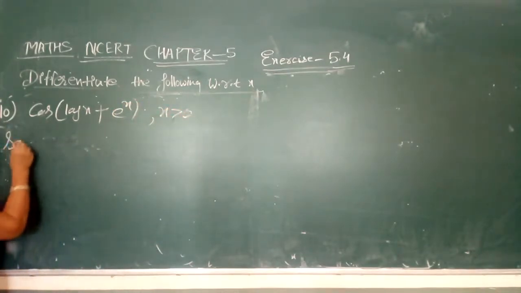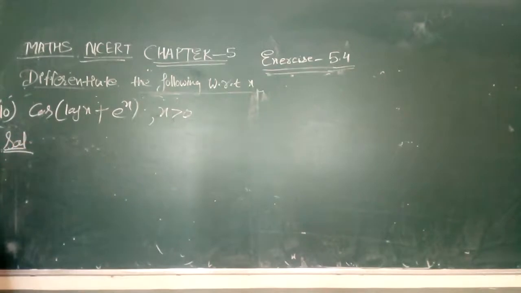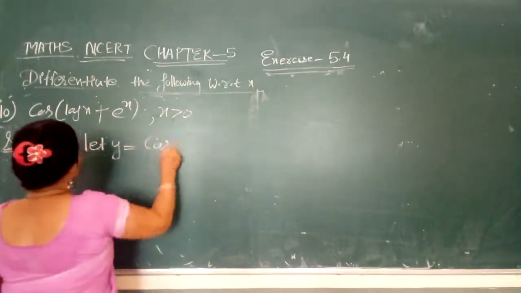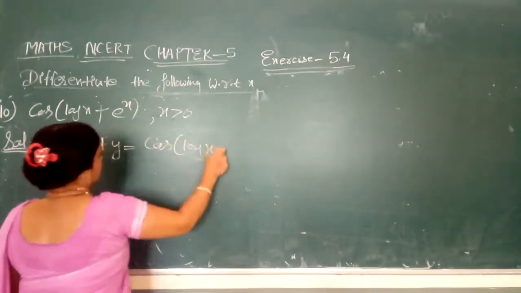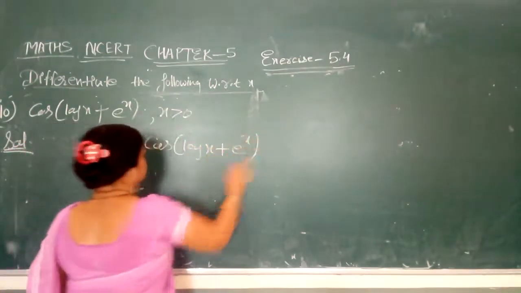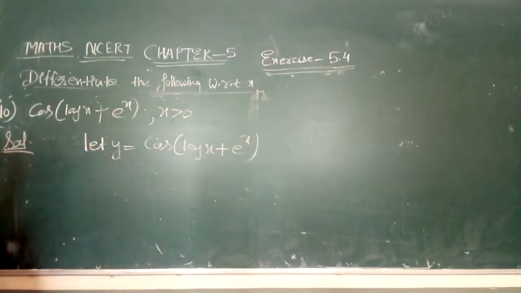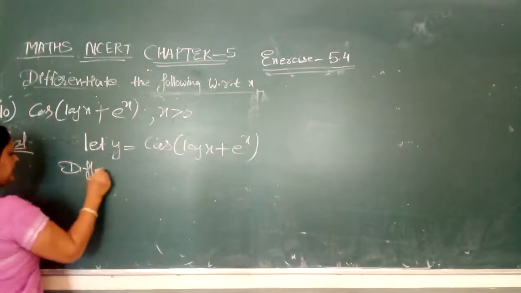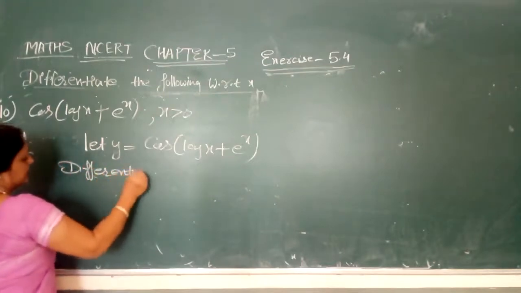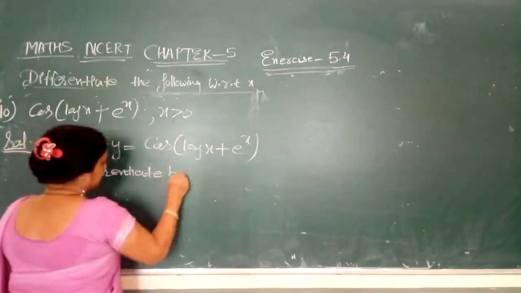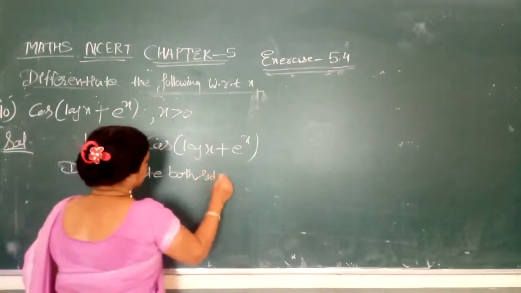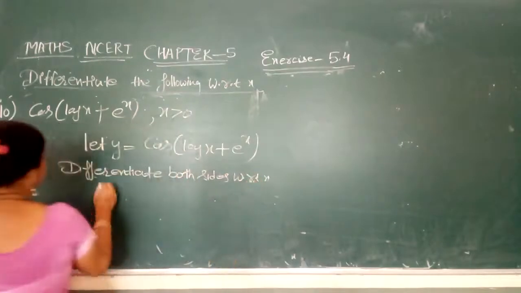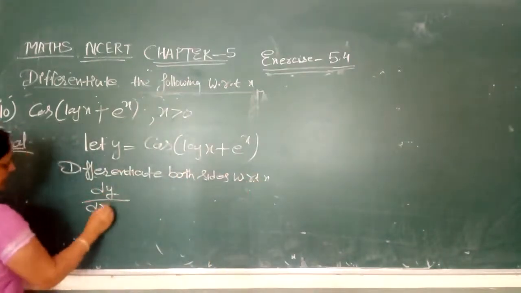Now let us begin the solution of this question. Let y is equal to cos of log x plus e raised to power x. This is the function. Now find out the derivative. Differentiate both sides with respect to x. It will come dy upon dx.